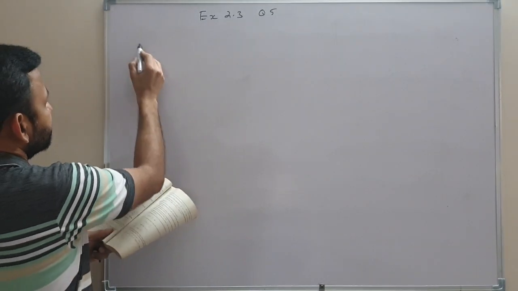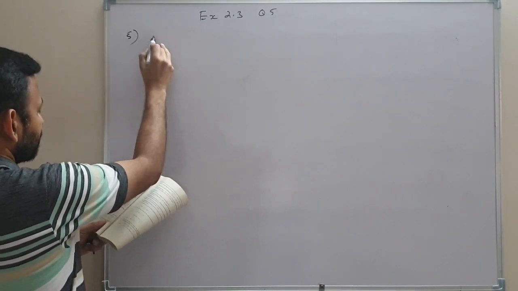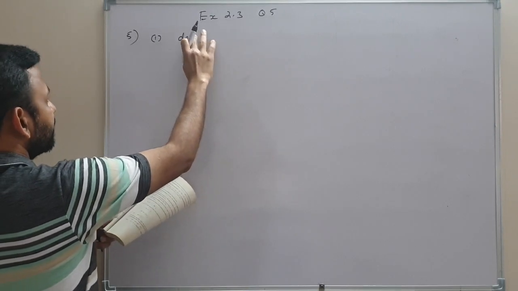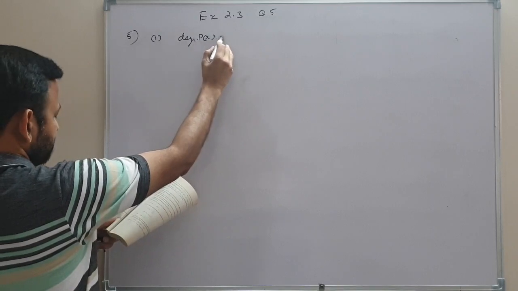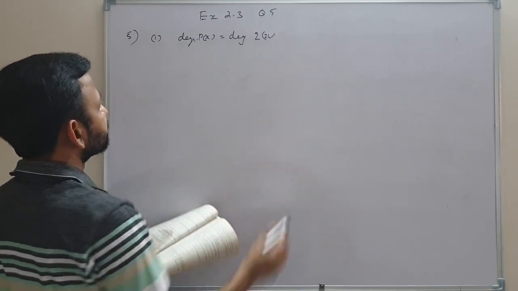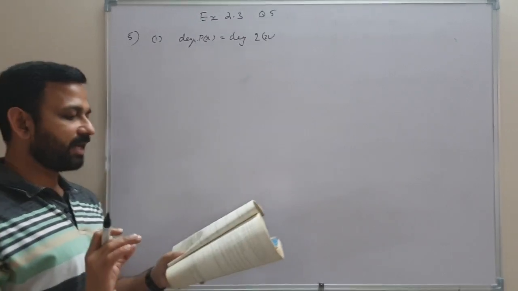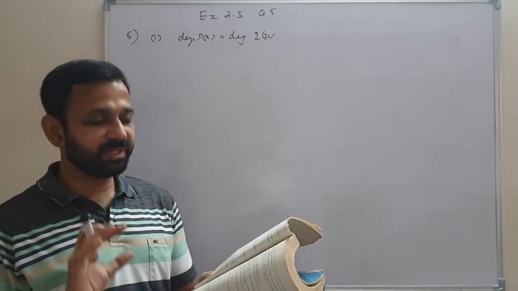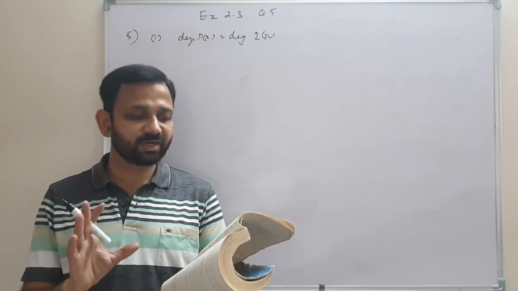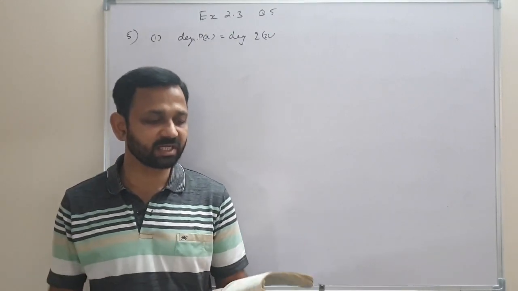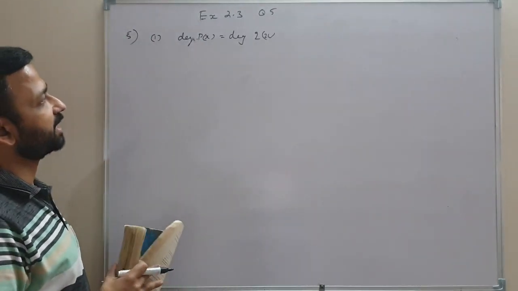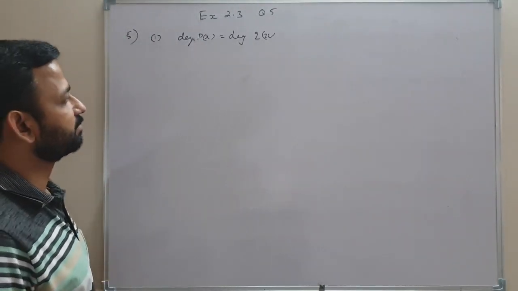In the first part, degree of p(x) equal to degree of q(x). We want to find p(x), g(x), q(x) and r(x). Then one condition is there: the degree of p(x) and the degree of q(x) should be the same.